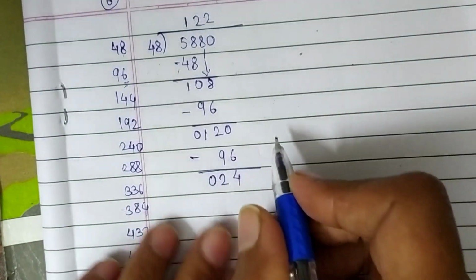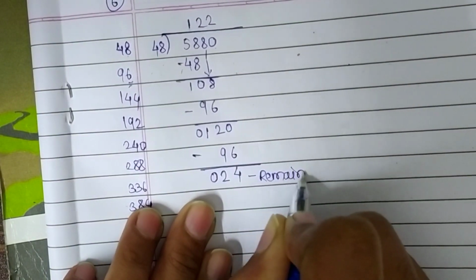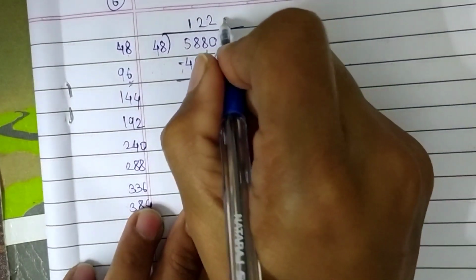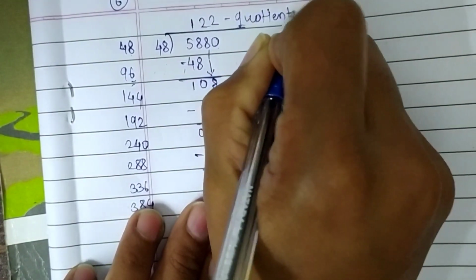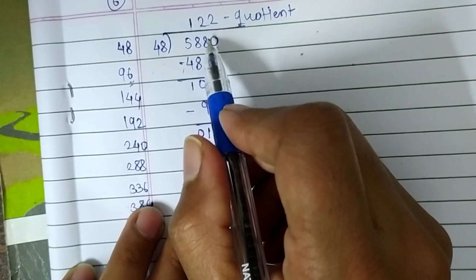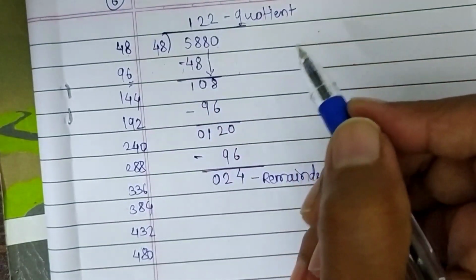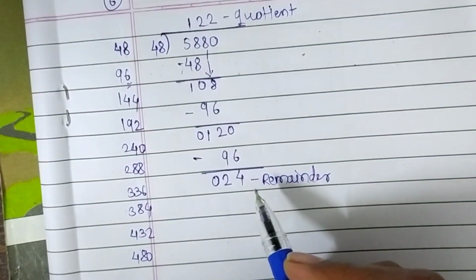So this is our remainder, and this one is our quotient. So we can make 122 notebooks and the sheets left over are 24.